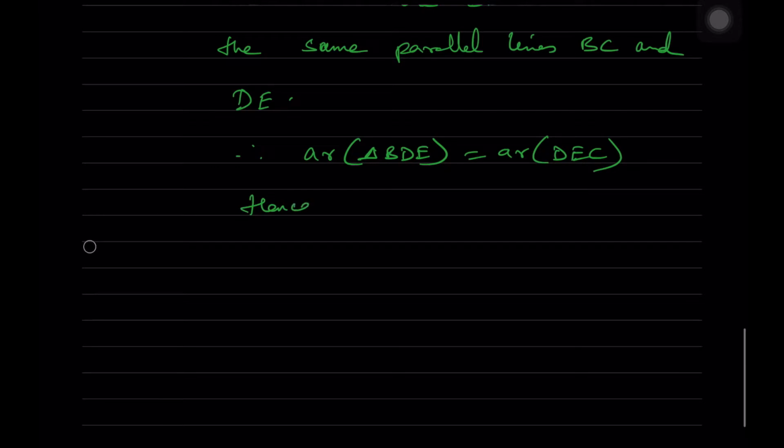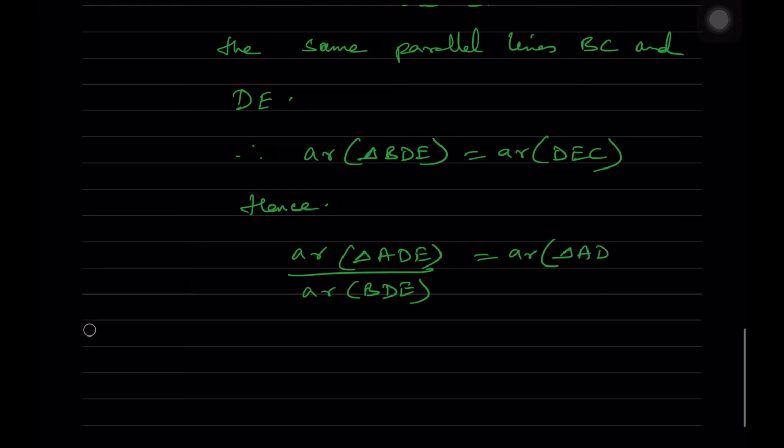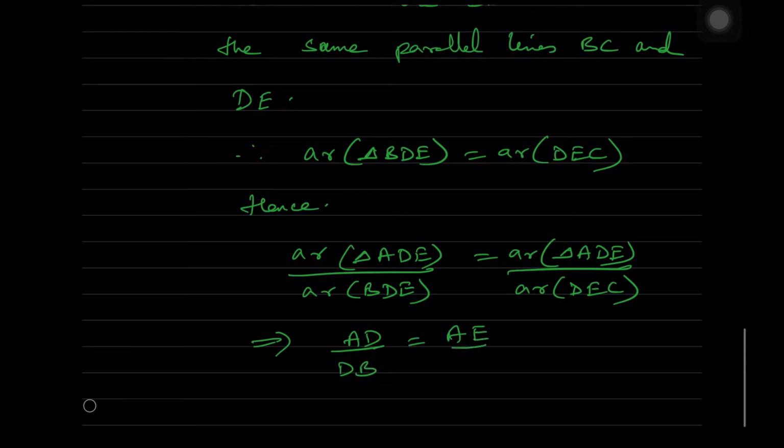Hence area of triangle ADE by area of triangle BDE is equal to area of triangle ADE by area of triangle DEC, which implies that AD by DB is equal to AE by EC.